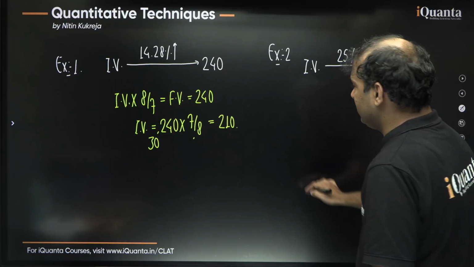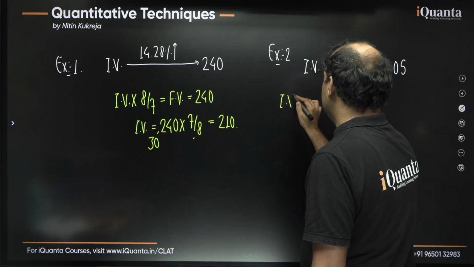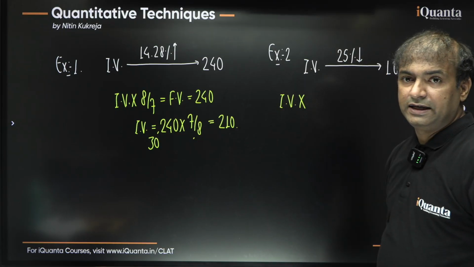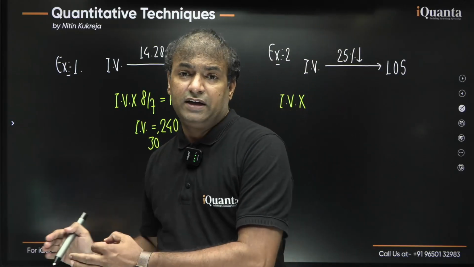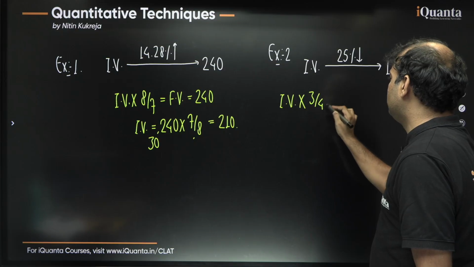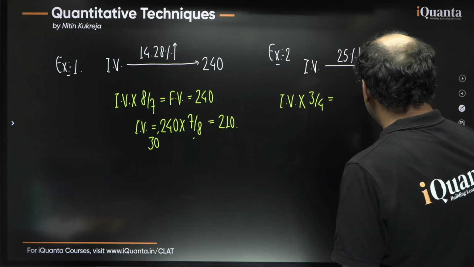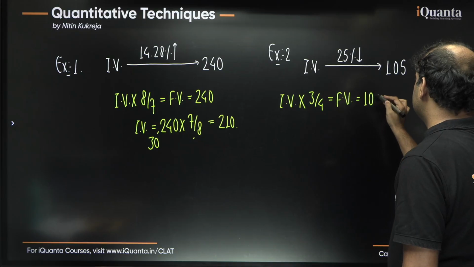Just like this method, using the multiplication factor. So first thing, the decrement is 25%. 25% is 1 by 4. So the multiplication factor is 1 minus 1 by 4, which is 3 by 4. Again, we are preferring the multiplication factor in fractions, and it is equal to the final value, which is given to us as 105.